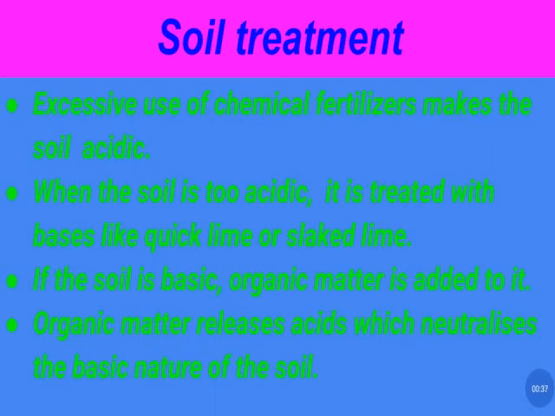Quicklime is chemically calcium oxide and slaked lime is chemically calcium hydroxide. So when we use these bases, both acid and base react with each other and make the soil neutral. If the soil is basic, organic matter is added to it. In such cases, organic matter releases acids which neutralize the basic nature of the soil. So it easily neutralizes.